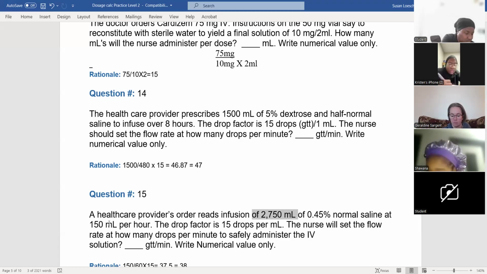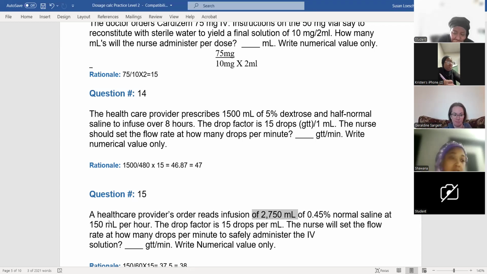And then you would multiply that times your 60 to get the minutes. So it came out to this really weird number like 18.333, right? When you took the 2750 and you divided it by the 150.